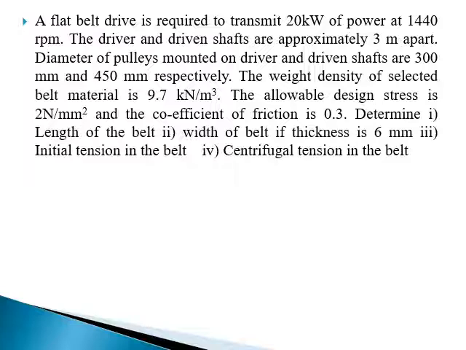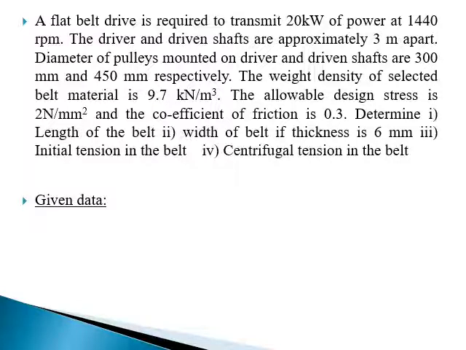The weight density of the selected belt material is 9.7 kilonewton per meter cube. The allowable design stress is 2 Newton per millimeter square and the coefficient of friction is 0.3. Determine first, the length of the belt; second, the width of the belt if thickness is 6 millimeters; third, the initial tension in the belt; fourth, the centrifugal tension in the belt.